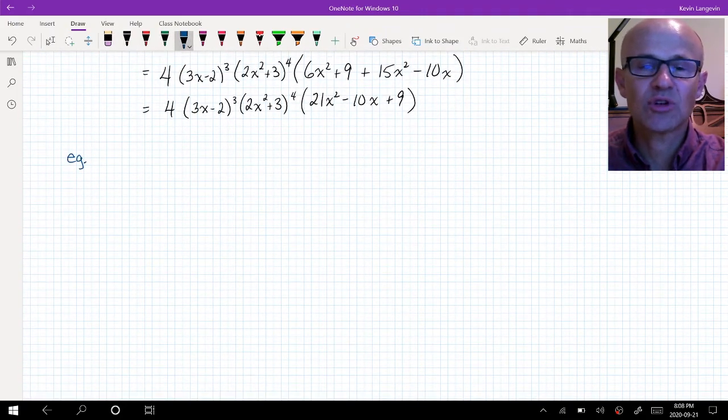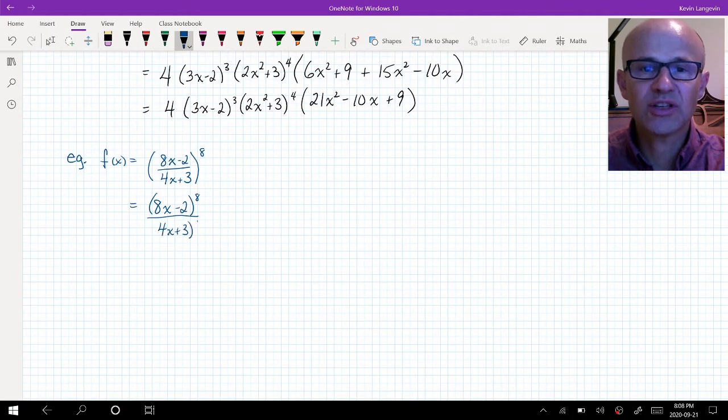Let's look at the same sort of idea using a quotient. Suppose I have a quotient all to the power of 8. I think it's easier for us if we rewrite it as 2 pieces each to the power of 8 and apply the quotient rule. It is derivative of the top.